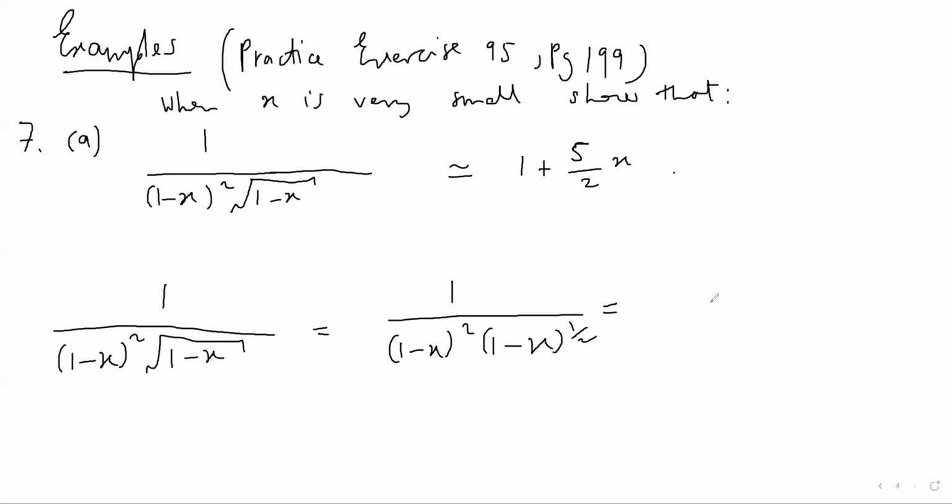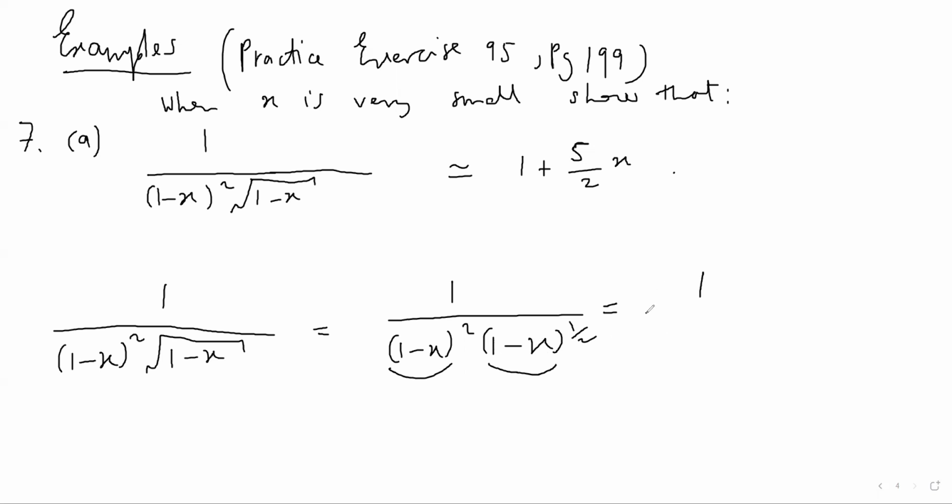Now, because the denominator has the same base, you've got (1 minus x) to the power 2 and (1 minus x) to the power half. So these two have the same base. Now you can apply the laws of exponents because they have the same base: you can add the exponents 2 and half.